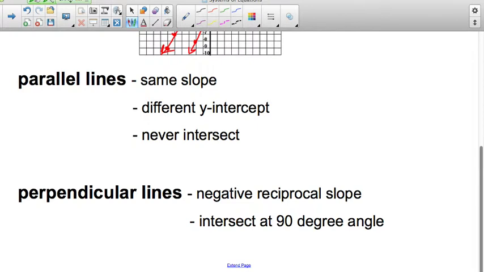Perpendicular lines have the negative reciprocal slope, and I'll talk about what that means. And they intersect at 90-degree angles.